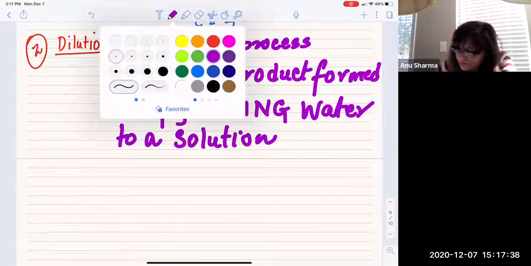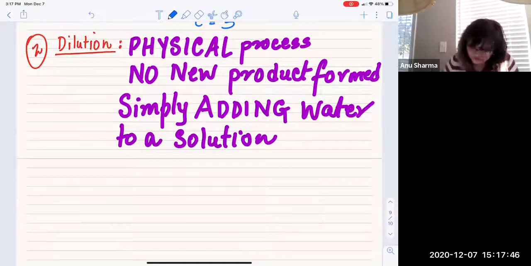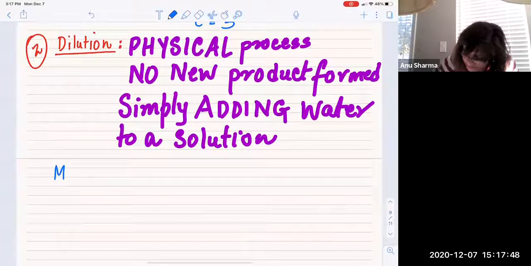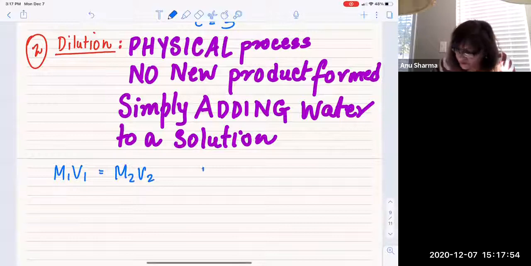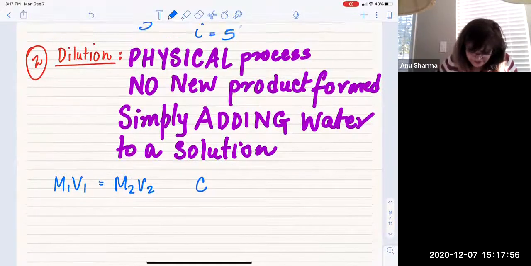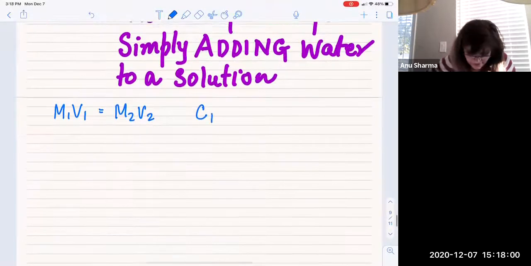Okay, guys, many of you use the dilution formula for different types of other things. So here, M1 V1 is equal to M2 V2. It is also in your book, the way it's stated is C1 V1 is equal to C2 V2.